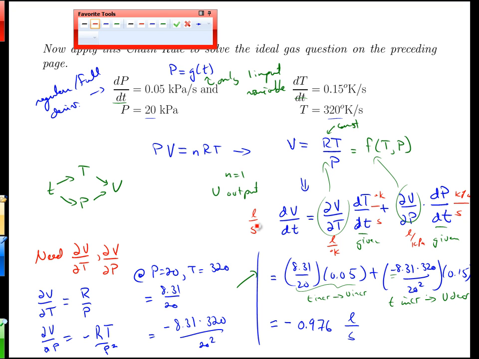So this is the kind of problem that gets much easier with practice. The key thing to try to understand at this stage is just how you would write out this expression for the chain rule for a function like volume in this case.